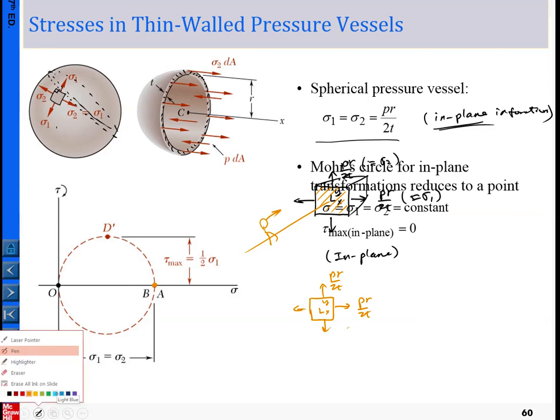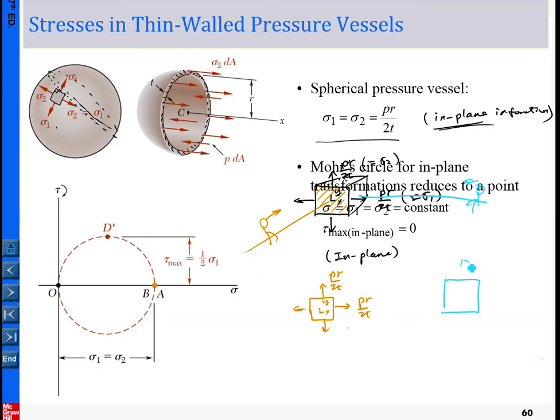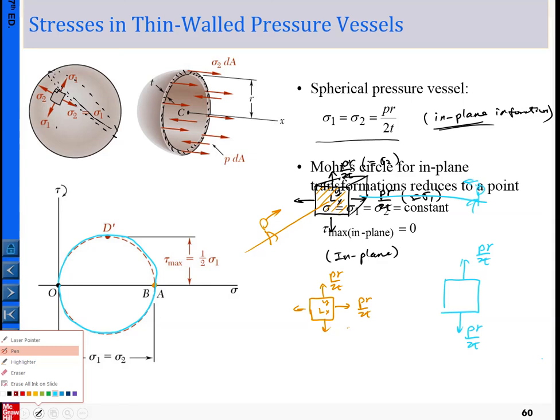Then let me change the viewpoint. If the little guy is sitting here and looking from this viewpoint, in front of you will be PR over 2t, PR over 2t. In that case, the corresponding circle is this one. Then we change the viewpoint to this one.